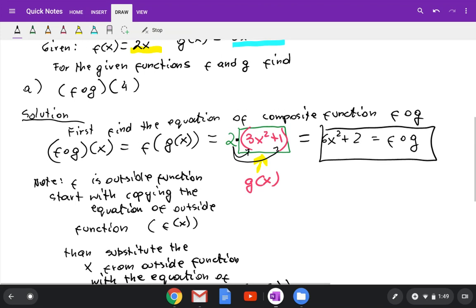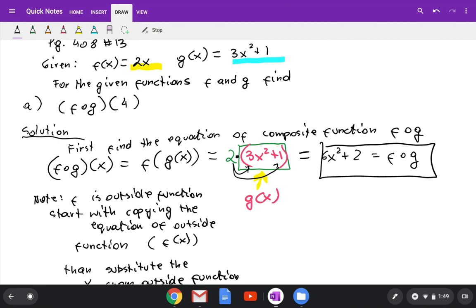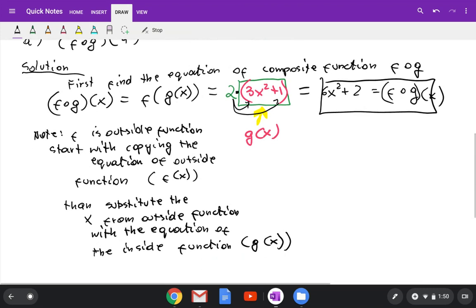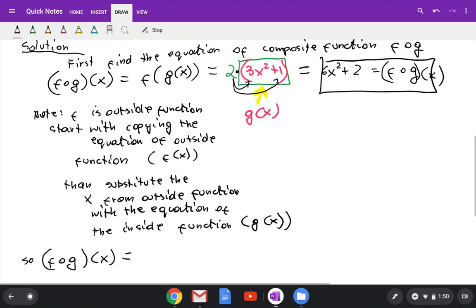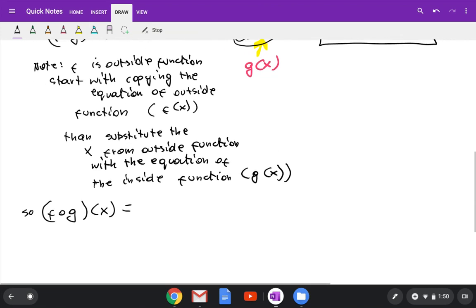So now we'll go back to the problem, and here they ask you, okay, evaluate f composed with g. This is f composed with g of x. Now look what happened. You have to evaluate f composed with g when the input is 4. So f composed with g of x, we found the equation, which is 6x squared plus 2.